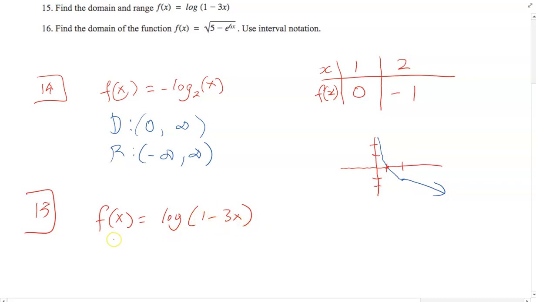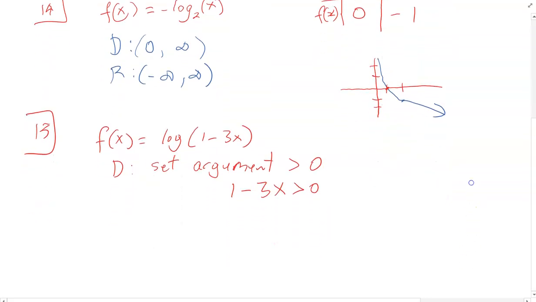For the domain, we set the argument greater than 0. So 1 minus 3x is greater than 0. We try to solve for x. If we add 3x to both sides, we have 1 is greater than 3x.